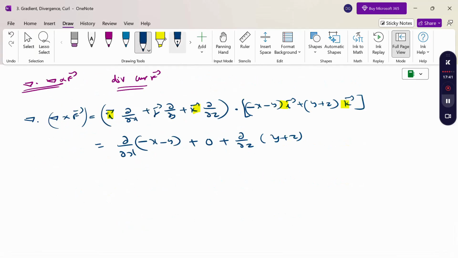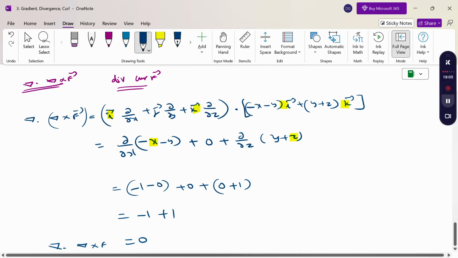Now when differentiating with respect to x, here z is the variable. Now the term is minus 1, the y term is 0, then plus 0 plus 0 plus 1. Therefore minus 1 plus 1 is 0, so del dot del cross f vector is 0.